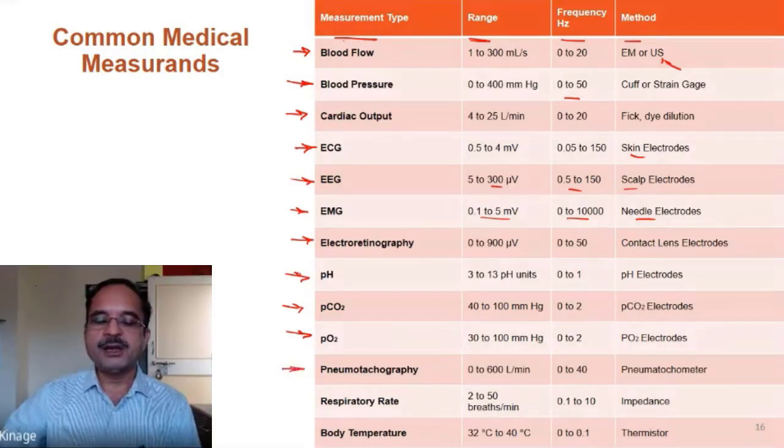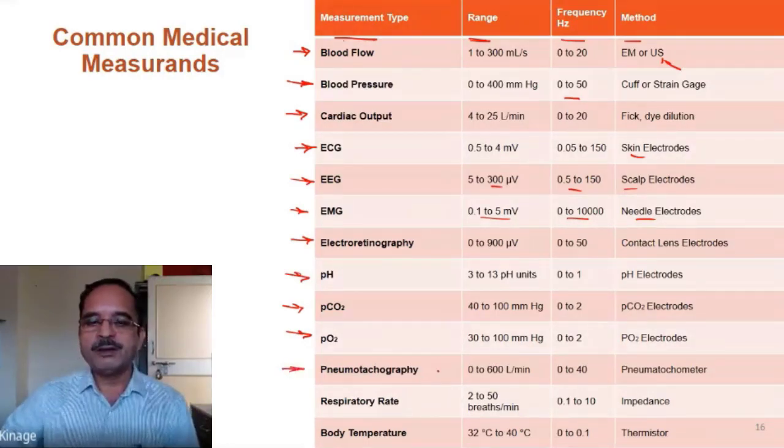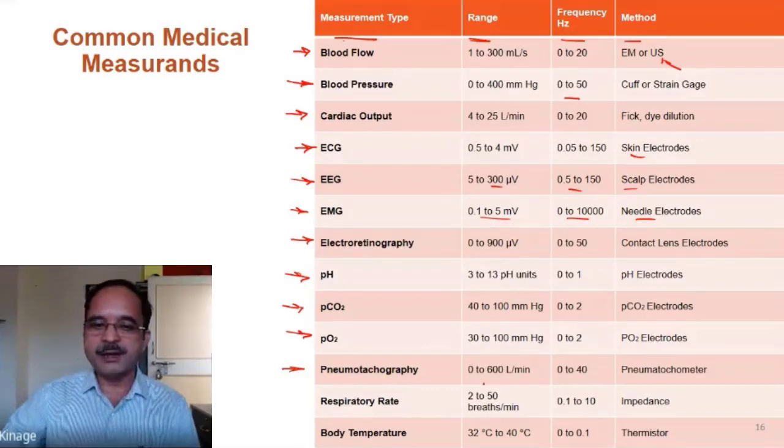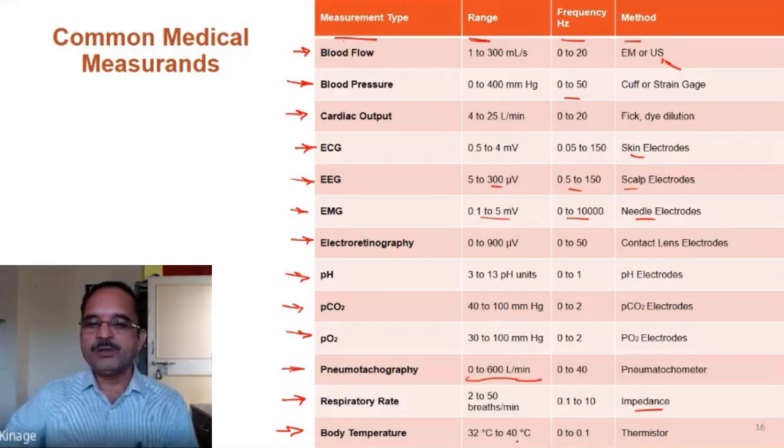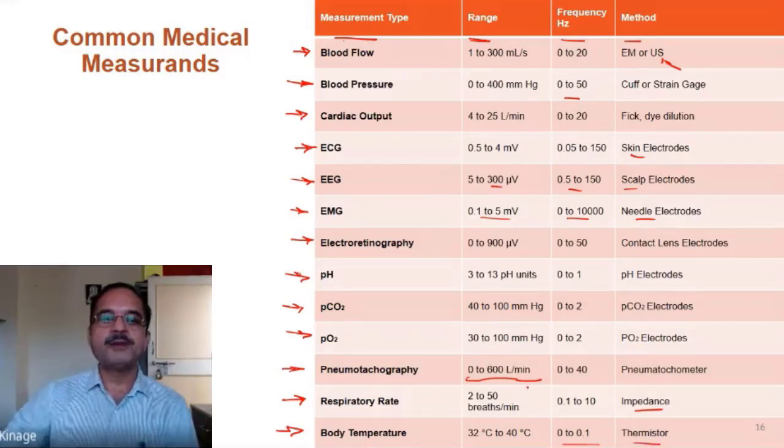So this is related to our breathing: how much air is taken inside and how much is exhaled outside, 0 to 600 liter per minute. Respiratory rate is measured with the help of impedance measurement. Then body temperature, 32° to 40°, and frequency 0 to 0.1, with the help of a thermistor.